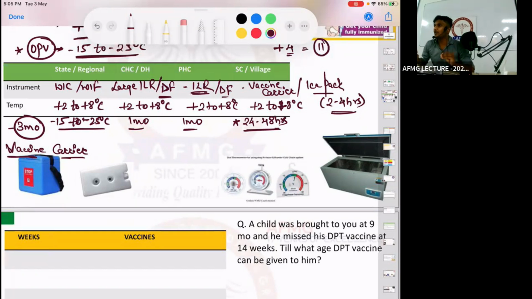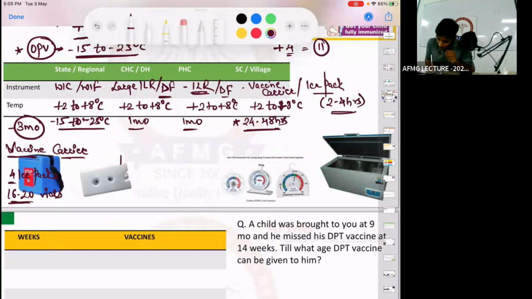It can store vaccines up to 24 to 48 hours. How much time? 24 to 48 hours. Important. How many ice packs can fit inside the vaccine carrier? And how many vaccine vials can fit? 16 to 20 vaccine vials can fit. How many vials? How many ice packs? In which instrument?